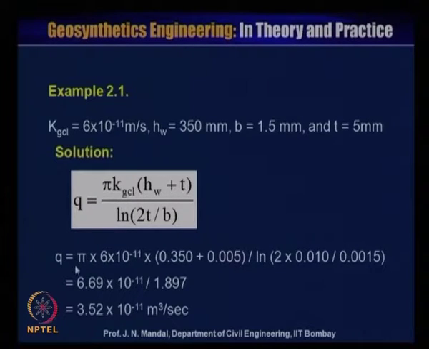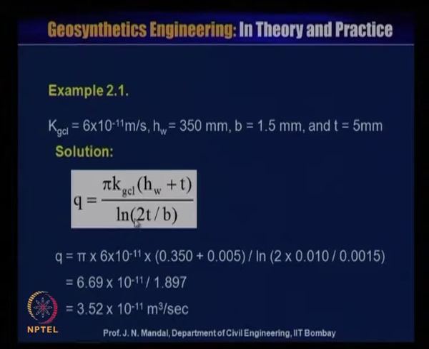Now if you substitute these values, then Q will be equal to pi into K of GCL, 6 into 10 to the power minus 11, into HW, where HW is 0.350 in meter, and then T is 5 millimeter, that means plus 0.005, divided by ln of 2 into T, that is 0.010, divided by B. B is equal to 1.5 millimeter or 0.0015.